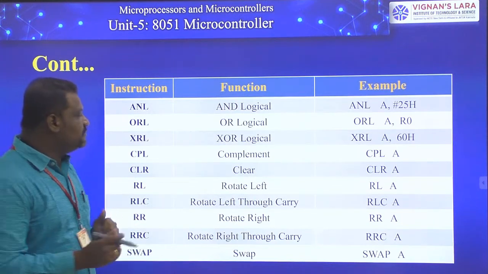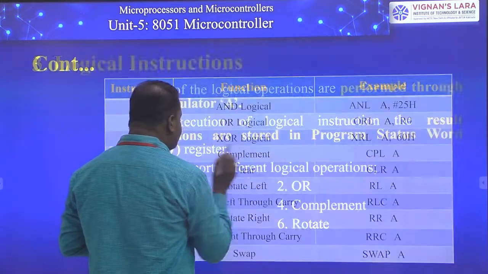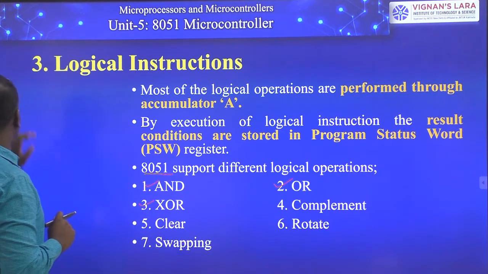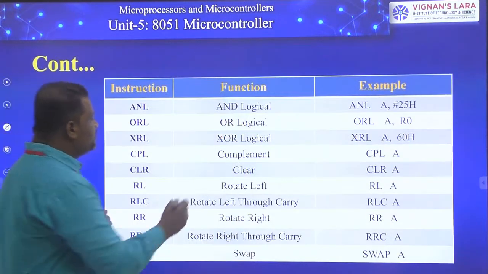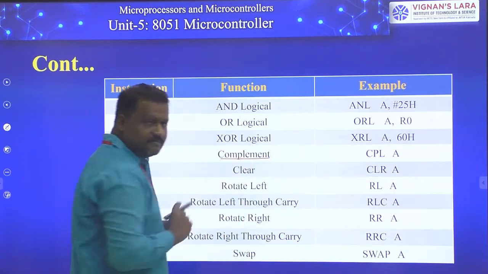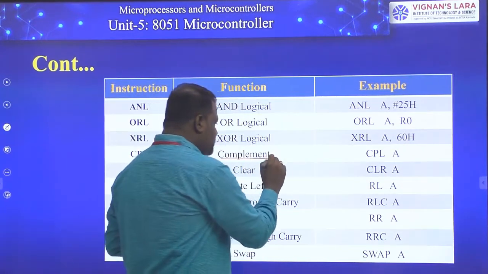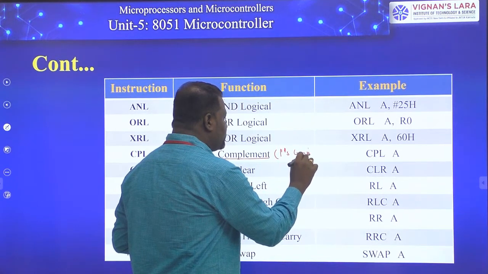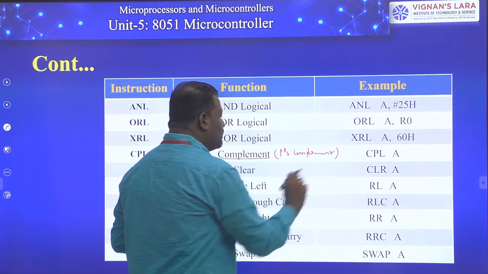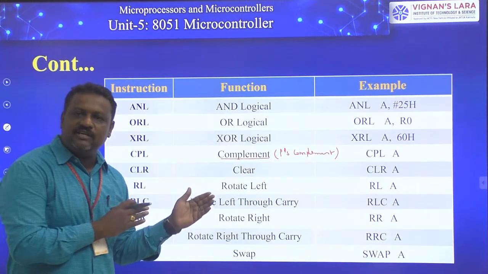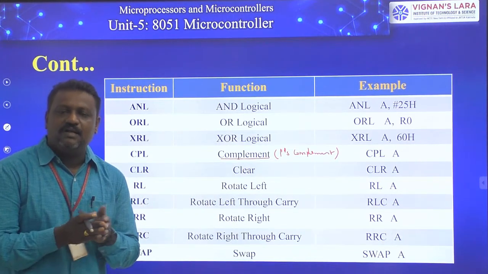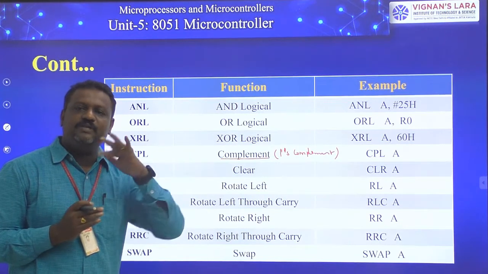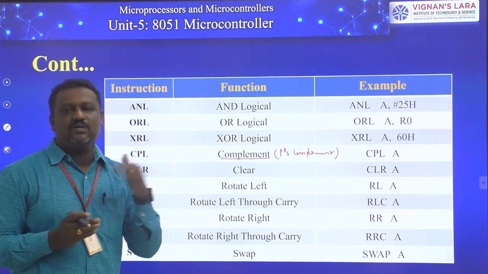One thing you remember, friends: this complement is one's complement. So once we are considering one's complement, what happens? The operand content changes from 1 to 0 and 0 to 1.